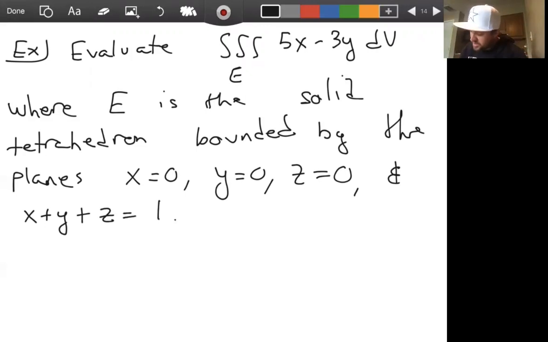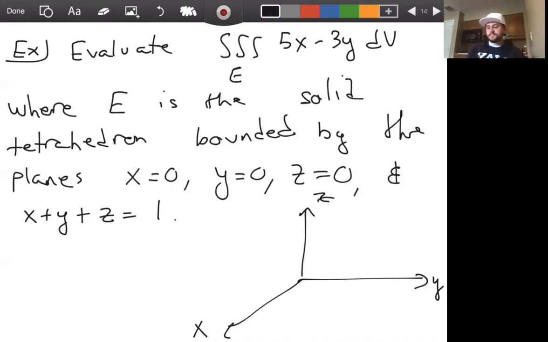Okay, and so the plane x equals 0 is the yz plane. The plane y equals 0 is the xz plane, and the plane z equals 0 is the xy plane.